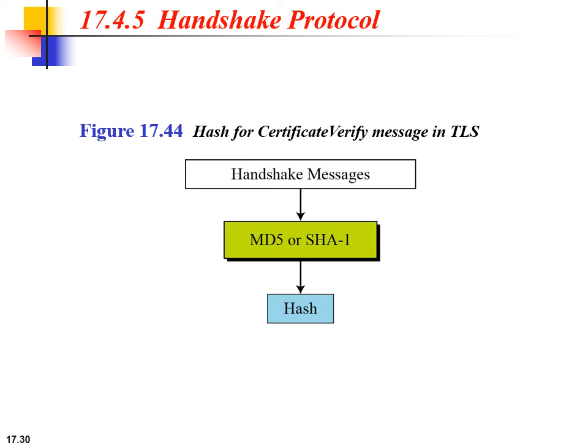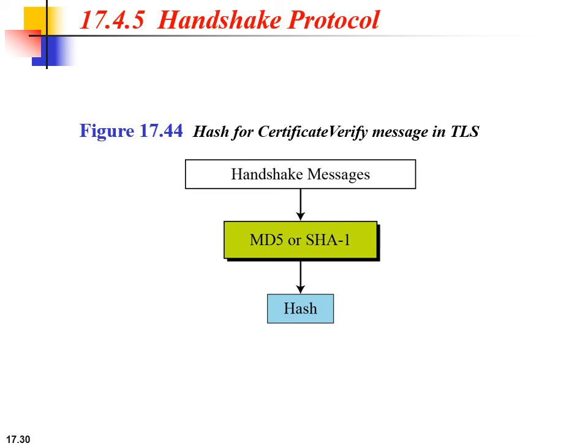Handshake protocol. TLS has made some changes in the handshake protocol, specifically in the details of the certificate verify message and the finished message. Certificate verify message: in SSL, the hash used in the certificate verify message is the two-step hash of the handshake messages plus a pad and plus the master secret.